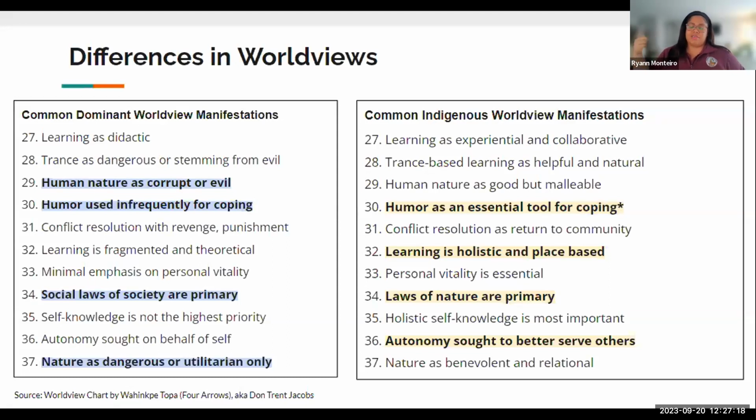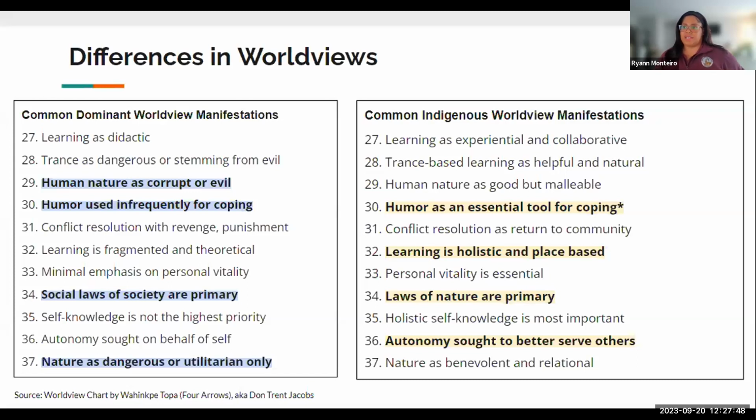Other ones, and hopefully you'll start to see how religion is a root of some of these manifestations, which makes sense: human nature as corrupt or evil, humor used infrequently for coping, social laws of society are primary, nature as a dangerous thing or utilitarian only, versus humor as an essential tool for coping.